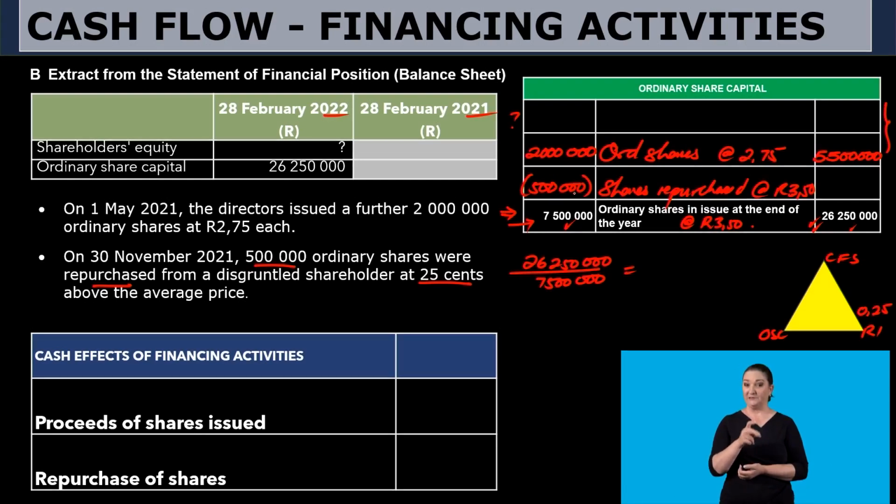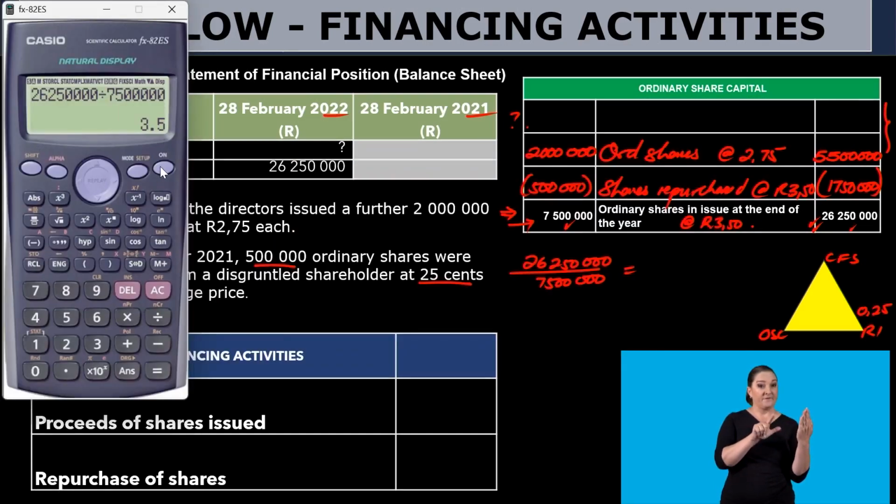So I'll now say the 500,000, that is the repurchase, multiply that by 3.50 Rand, and then remember, once it's repurchase, you have brackets, 1,750,000. Okay, and then I can get the number of shares there at the bottom. How do I do that? I will simply say, at the end, I had 7.5 million shares, and then since I'm going up, I'm going to do the opposite sign.